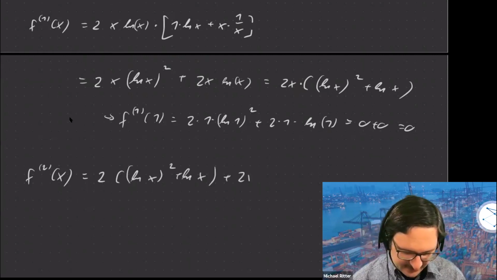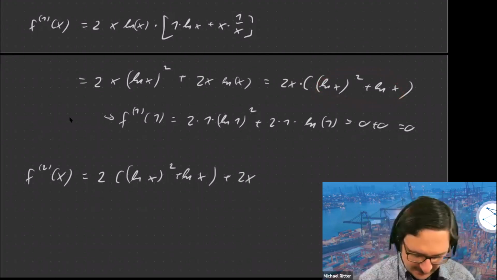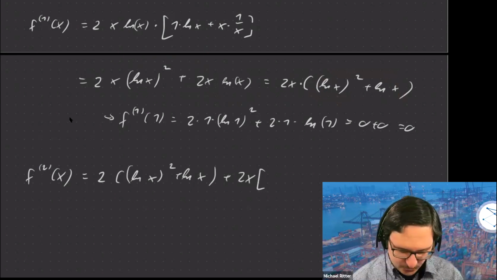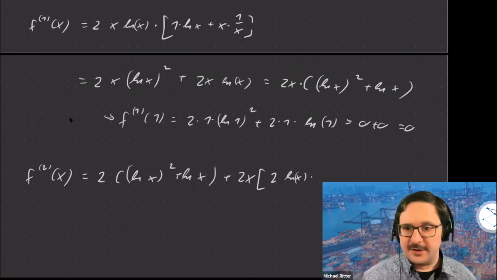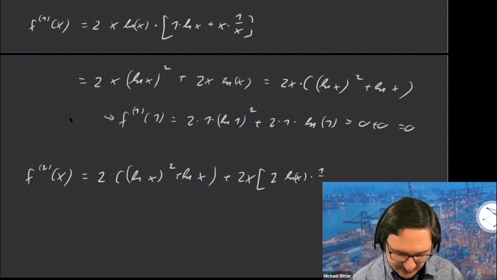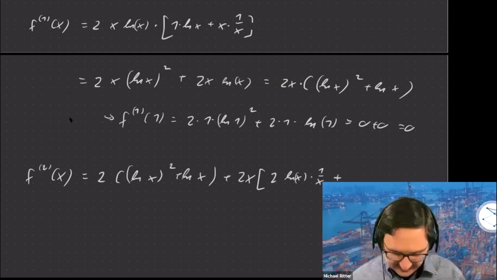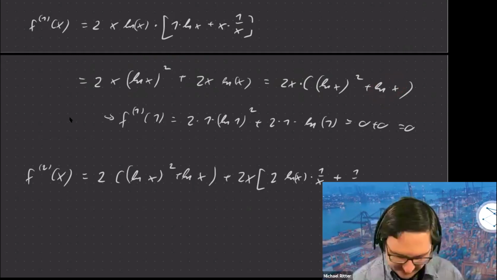Plus, and then we have 2x times the derivative of that expression here. Now ln x squared yields 2 ln x times, and then we have to multiply this with the derivative of the inner function ln x, which is 1 over x, plus, and the derivative of ln x here is just 1 over x again.